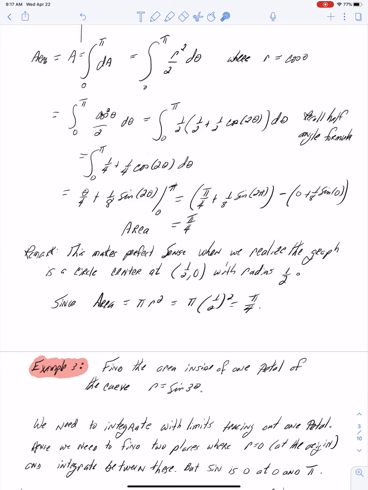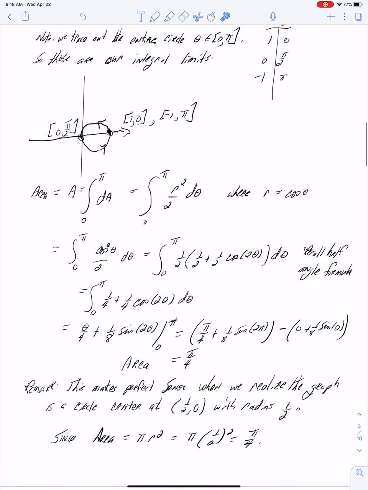U is equal to 2 theta. It actually kicks out a 2 downstairs. And I get 1/8 sine 2 theta, evaluated between 0 and pi. When I plug things in on the bottom, I just get 0. On the top, sine of 2 pi is 0, so I end up with pi over 4.